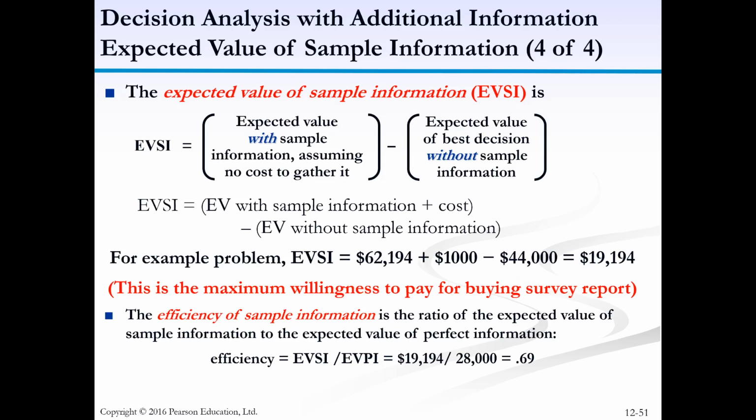And here the expected value of survey information is equal to 19,194. And the efficiency can be found out by expected value of survey information divided by expected value of perfect information. We get 69%.